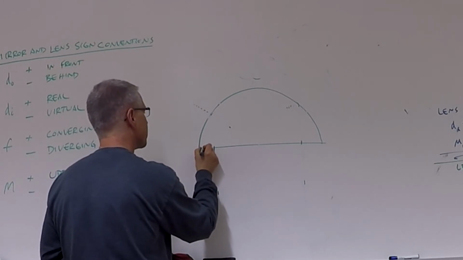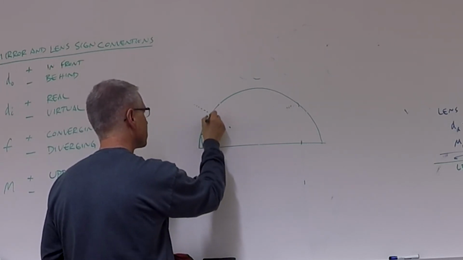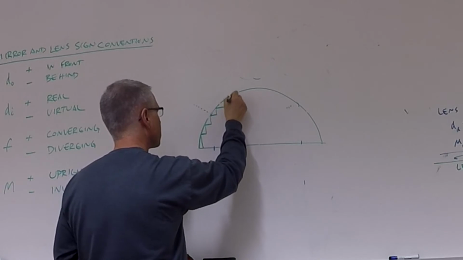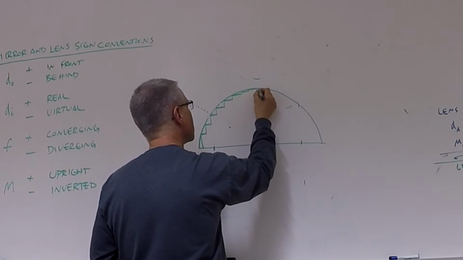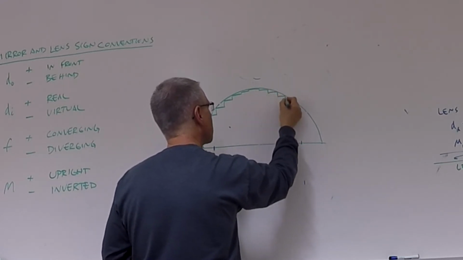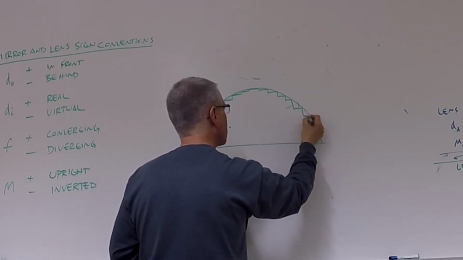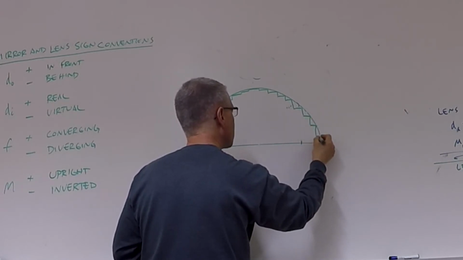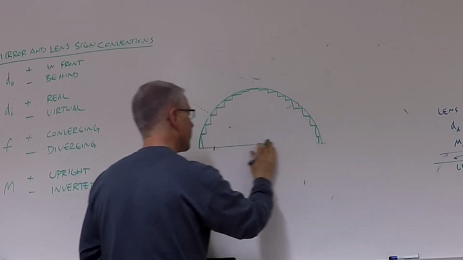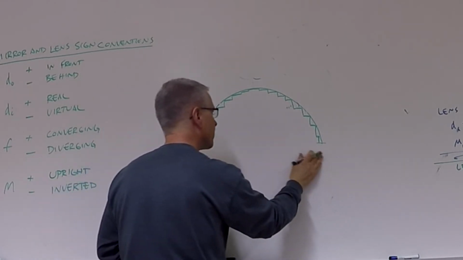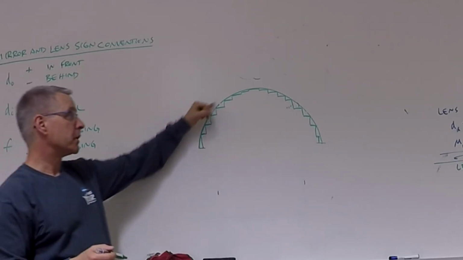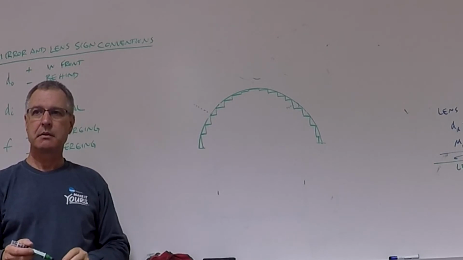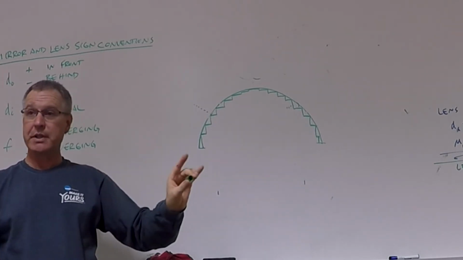Let's make some chunks like this. Take all of that glass out. Would I change how much my rays refracted? Nope, I still have that curvature in me. Even better, everyone see that okay?